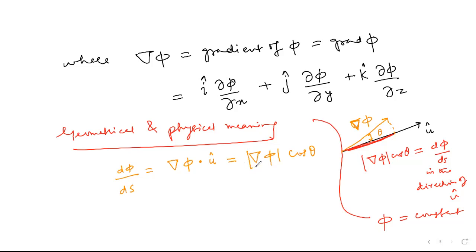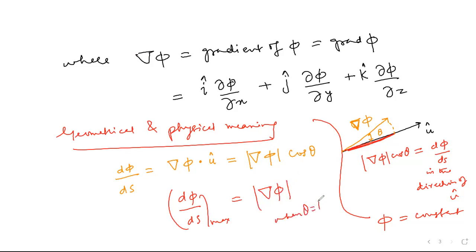Now, what is the largest value of the directional derivative? Because if you change theta, its value is going to change. Its maximum value is when theta is 0, and that is just the magnitude of del phi, because cos 0 is 1.